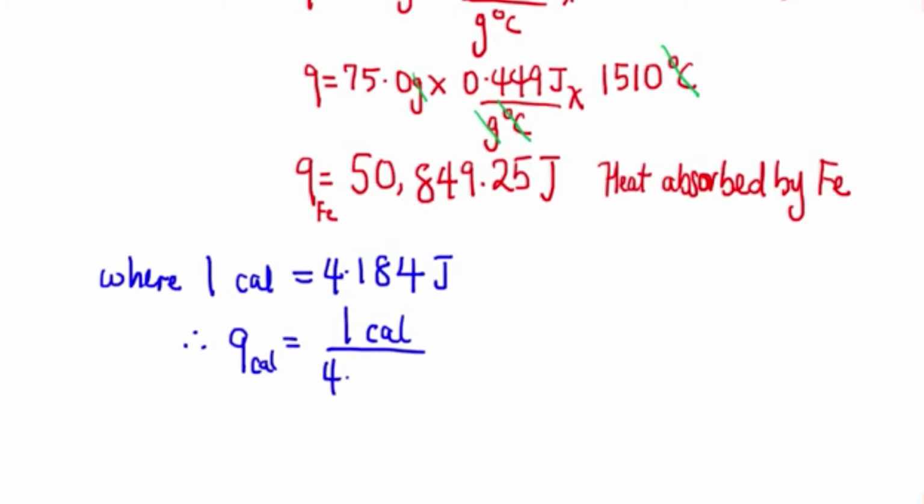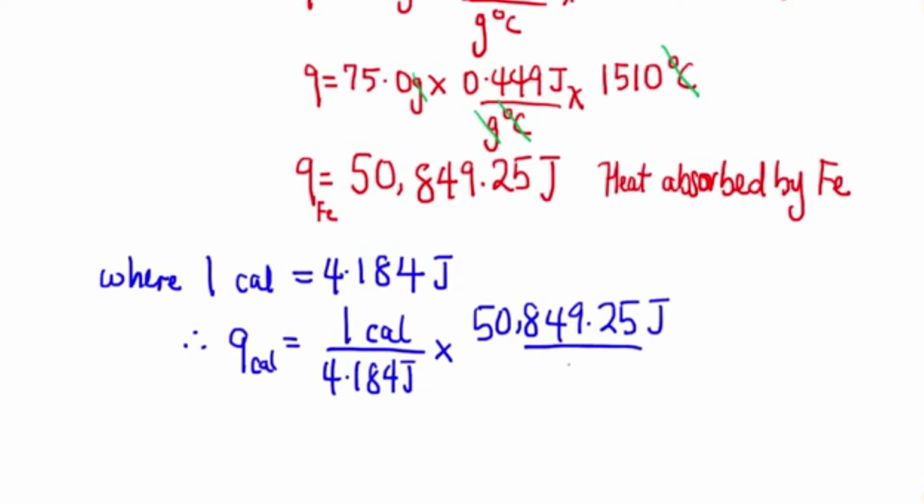So if you do your simple proportion, to determine the energy absorbed in calories, we do our arrangement, which is 1 calorie divided by 4.184 joules multiplied by 50,849.25 joules divided by 1.